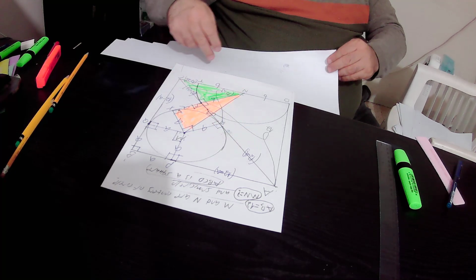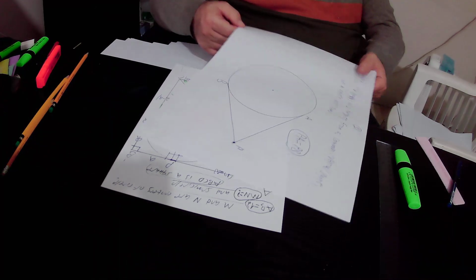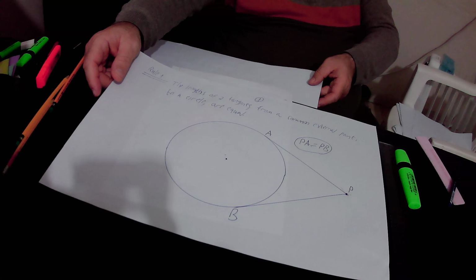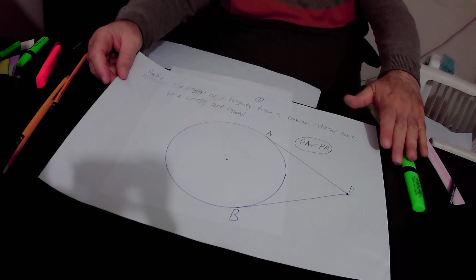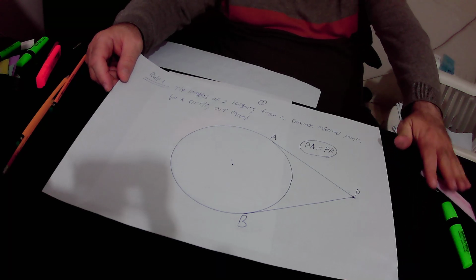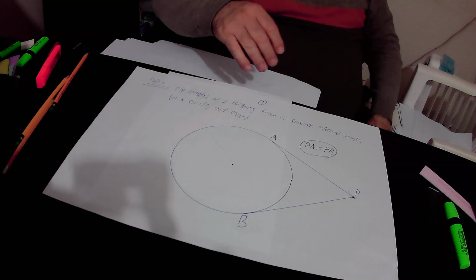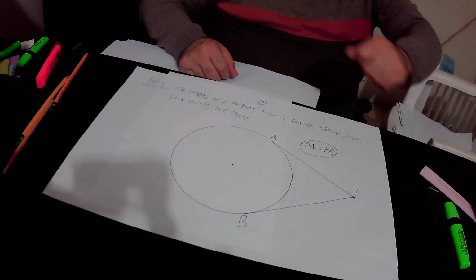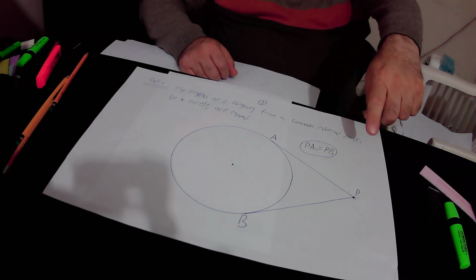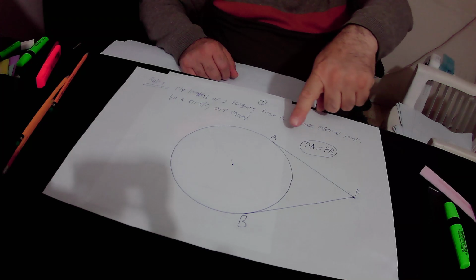Then I presented to you rule number 1. According to rule number 1, the lengths of two tangents from a common external point to a circle are equal. So we have this circle and we have external point P, and from the external point P we draw two tangents to this circle. The first tangent is tangent PA.